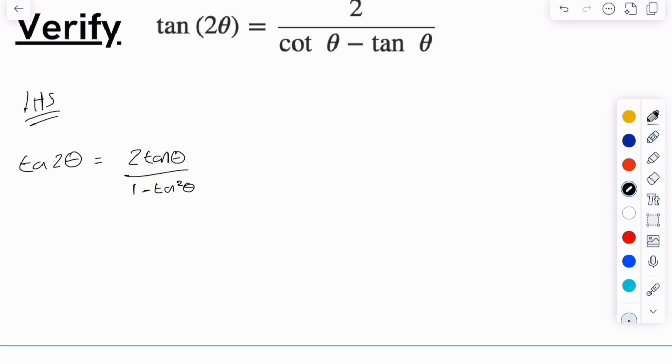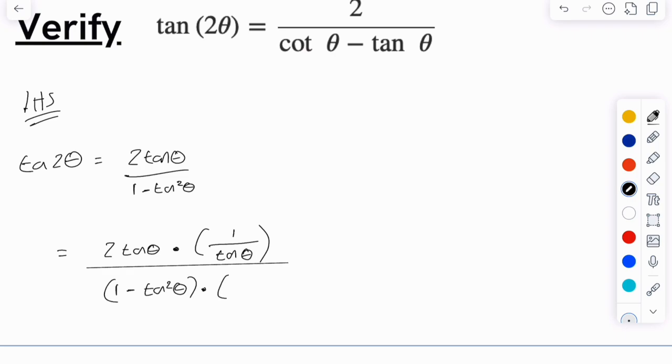What we can say is that this is going to equal 2 tan theta times 1 over tan theta, over 1 minus tan squared theta times 1 over tan theta.